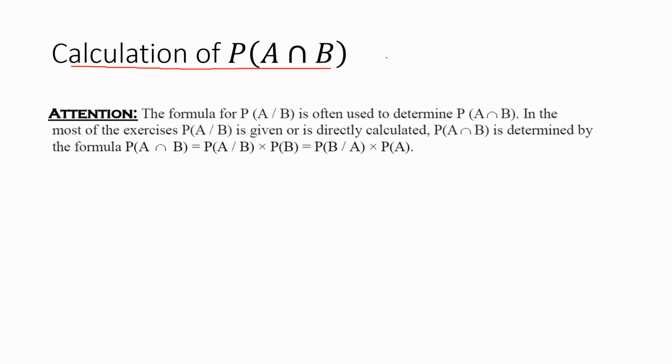We have seen in the previous slides that probability A given B equals probability of A intersection B over probability B. Also, we have seen that probability of B given A equals probability of A intersection B over probability A.